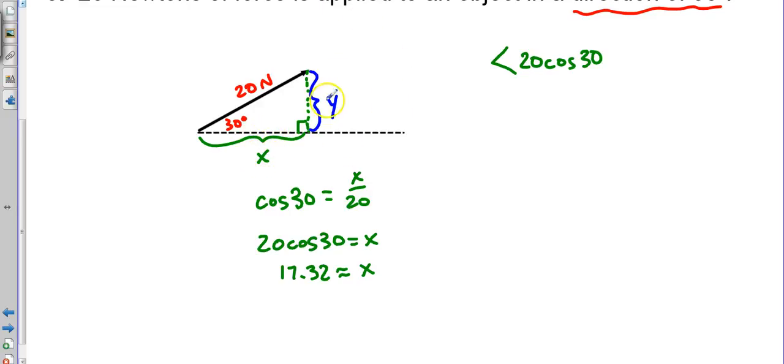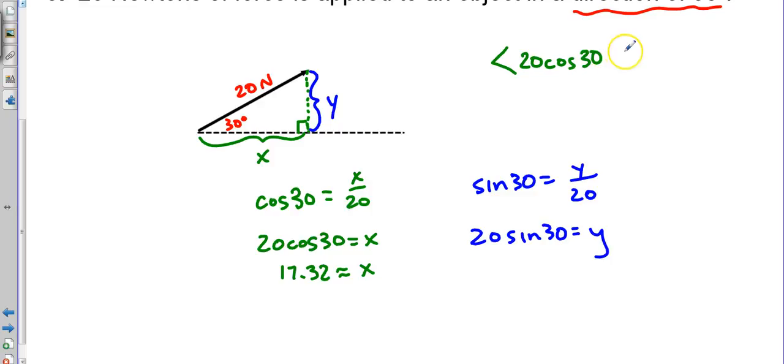So let's go ahead and figure out our y. Relative to this 30-degree reference angle, our y is opposite, so I want the sine function. So sine of 30 is going to be equal to my y component over the magnitude of the hypotenuse. Go through and solve. We have 20 sine of 30 equals y, and again, we can leave that in that form if we want to, and that's good for particular applications.